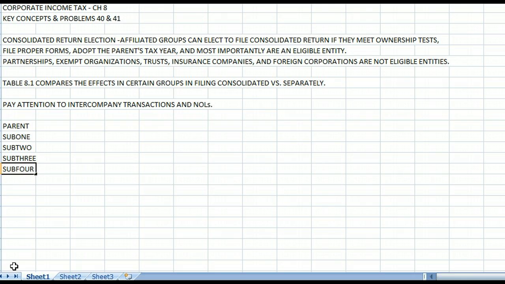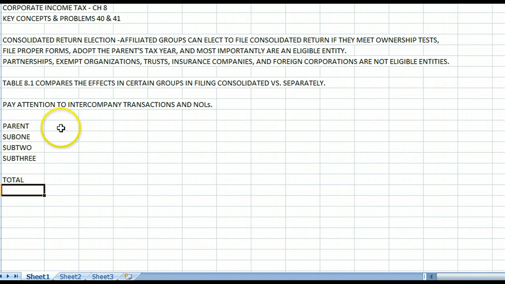There's no sub 4, so we don't have to worry about that. Let's delete that one. And then our total. To go ahead and line this out a little bit. Alright, so for the parent, what is our separate taxable income? Okay, so separate taxable income.